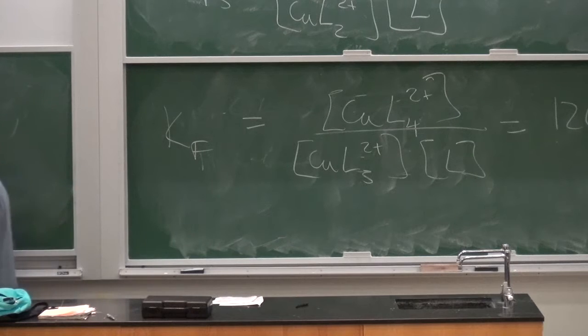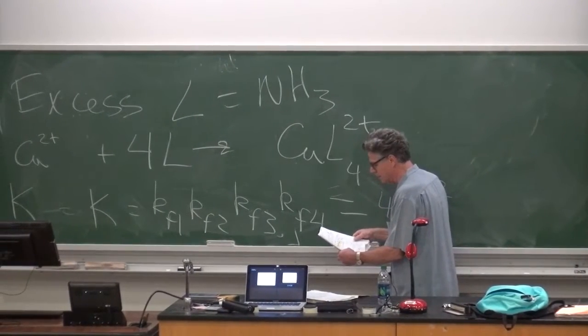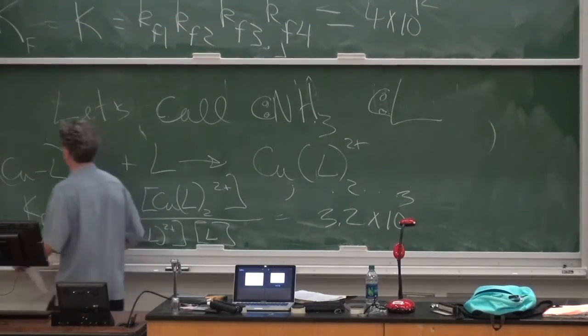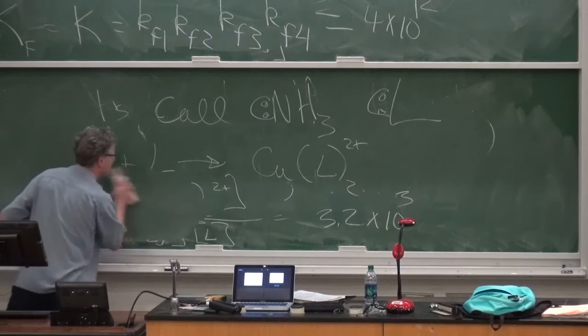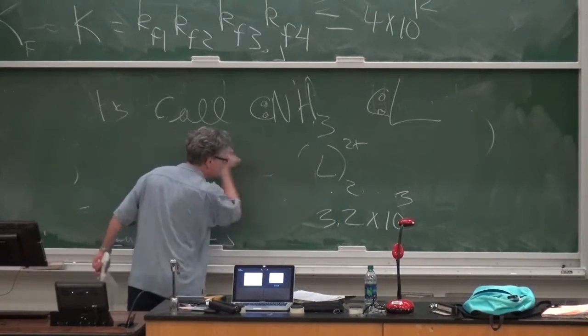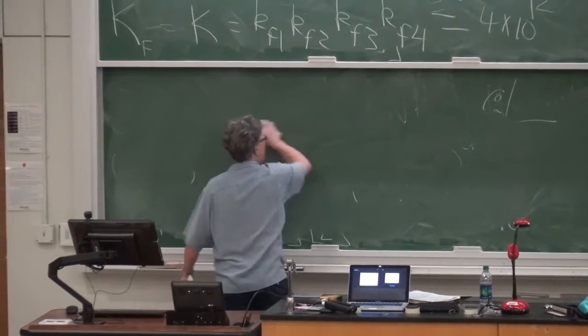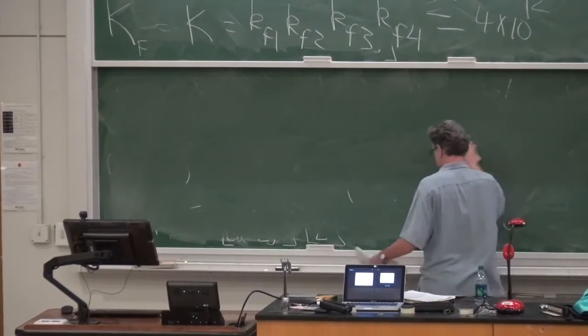Okay, now. Yeah, I'll just throw one more at you because I like this molecule. This is a molecule I like. Oxalate, love oxalate. Here's a molecule I really like.